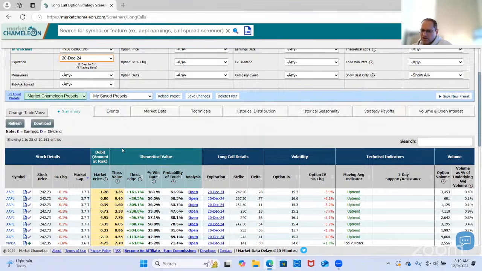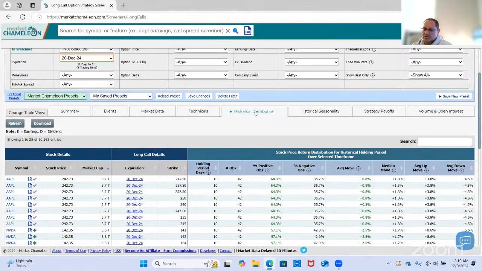So we have these two tabs here. One is looking at the historical returns of the stock. So this is the historical distribution. And it's calculating all these analytics. So we have it here as reference when we're trying to run our analytics.